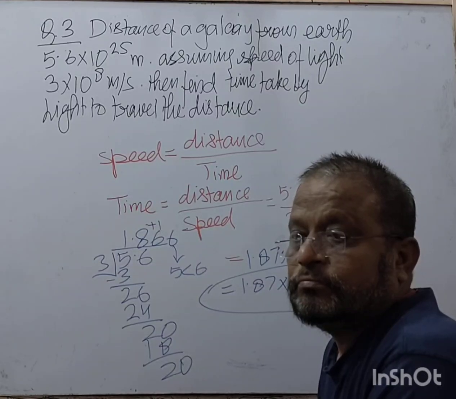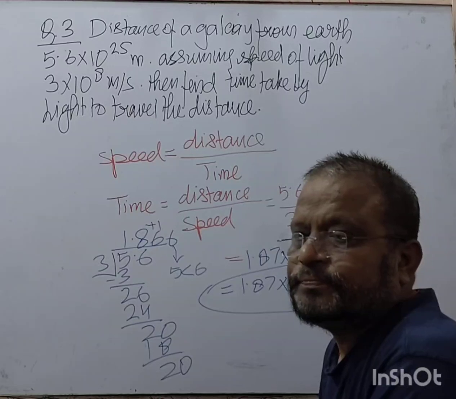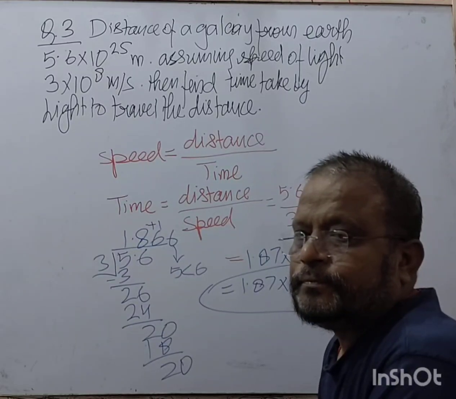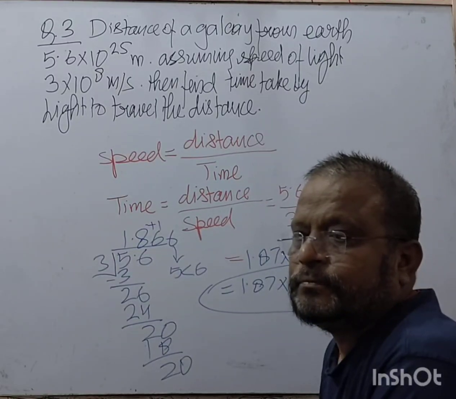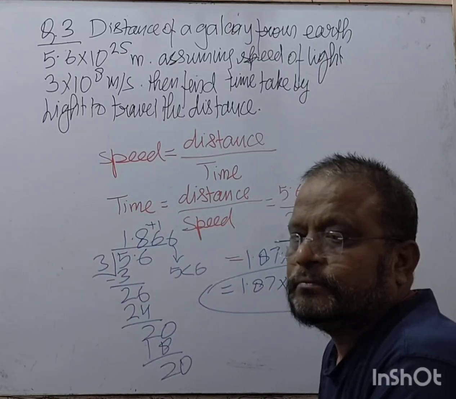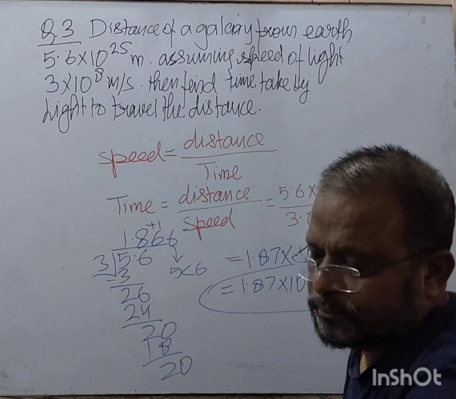A vernier has 10 divisions, they are equal to 9 divisions of the main scale.